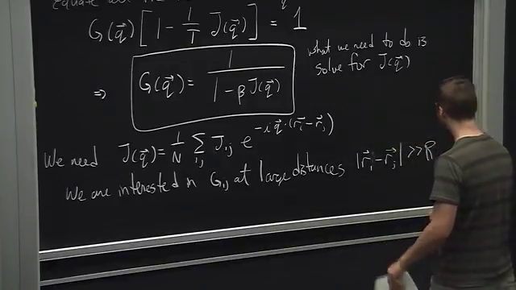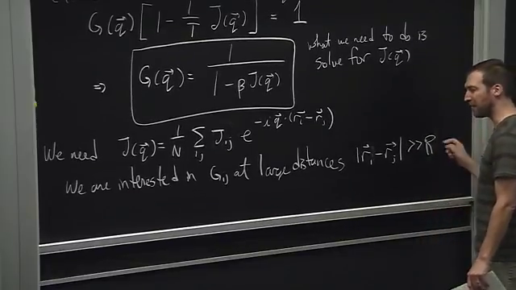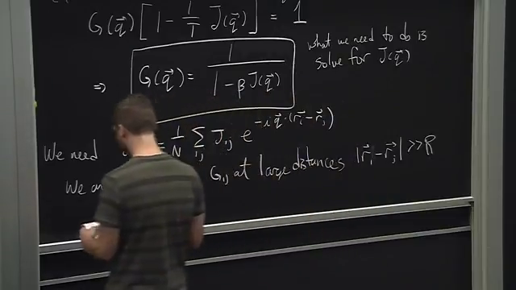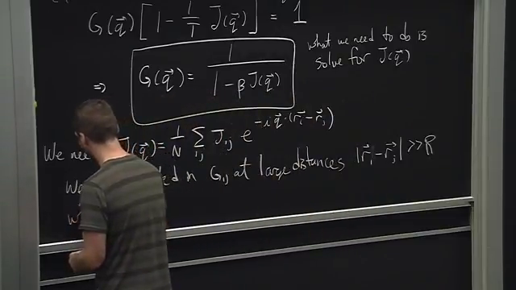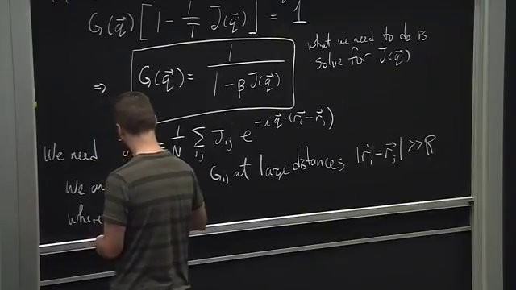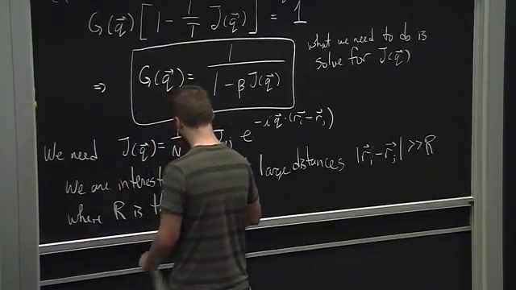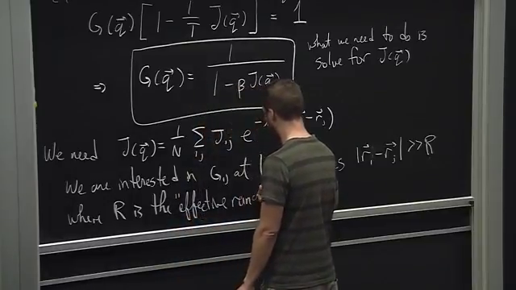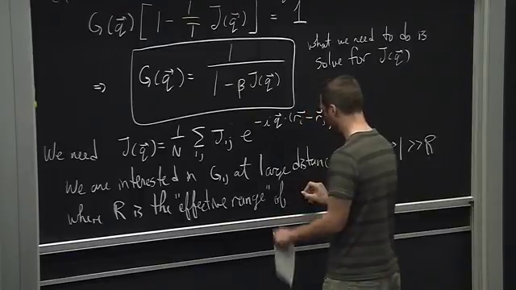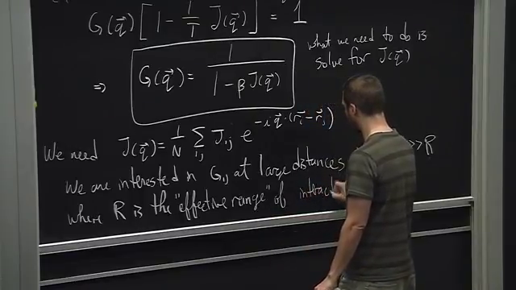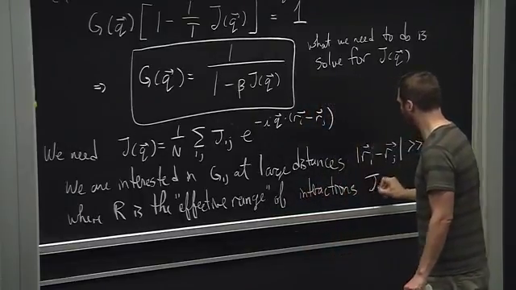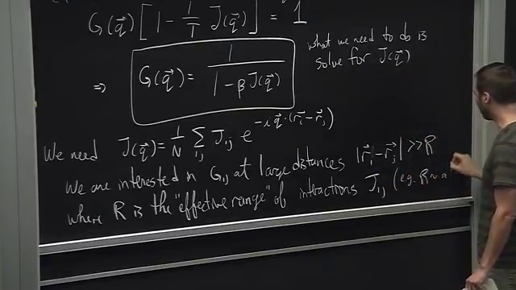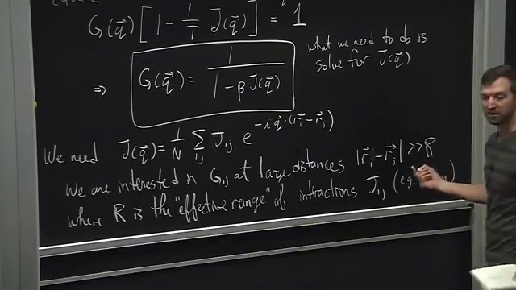So I'm just defining it in a vague way, but that's the range that you have to worry about. It's the range of the interactions. So for example, it could be approximately equal to A, but not necessarily.